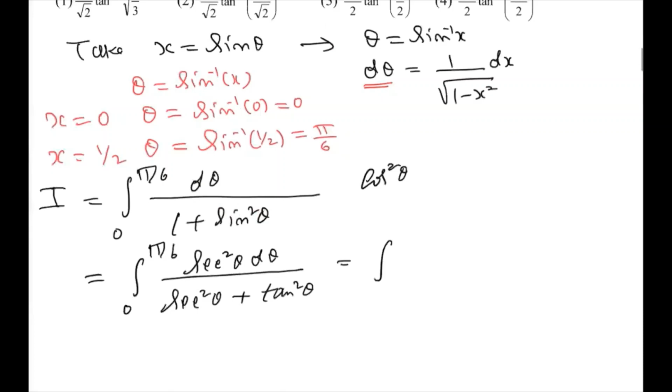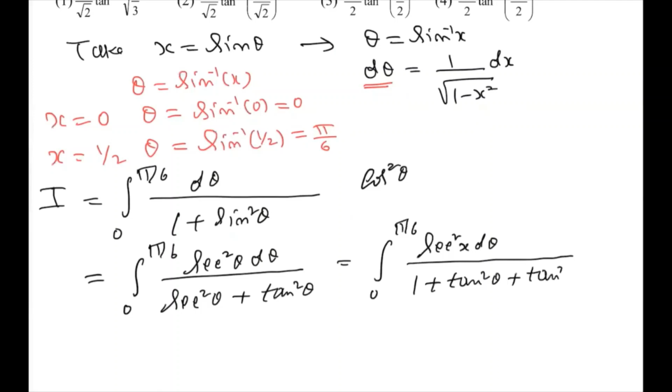So now 0 to pi by 6, numerator secant square theta d theta, the denominator secant square theta we shall write as 1 plus tan square theta.